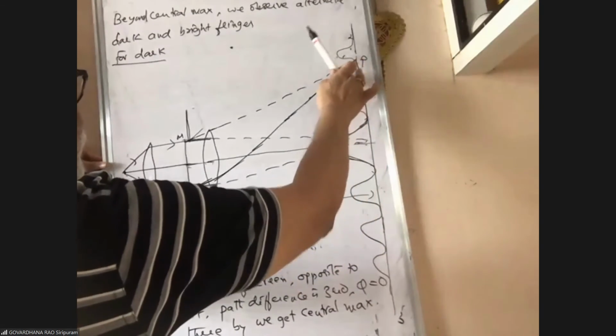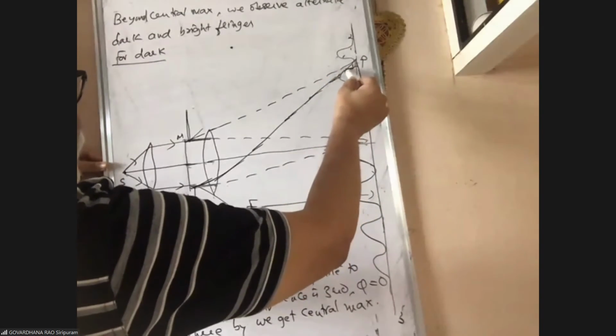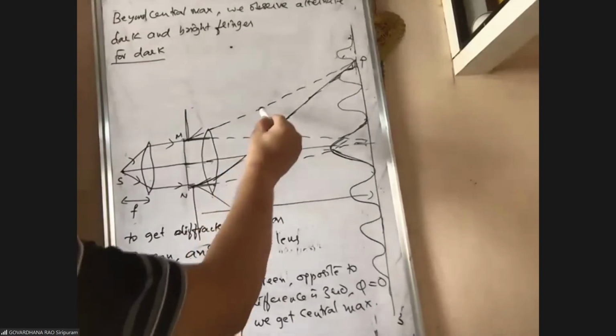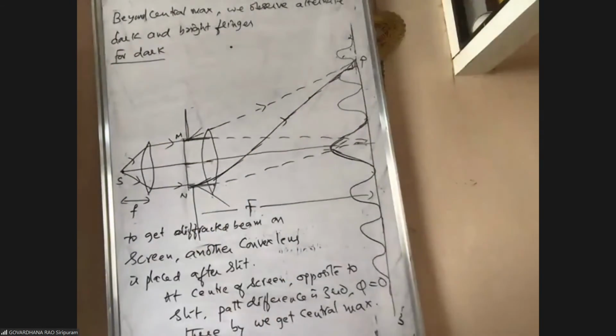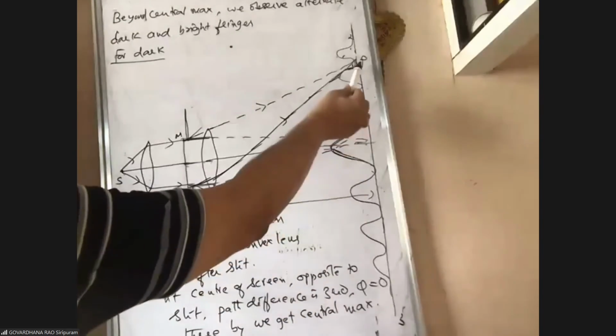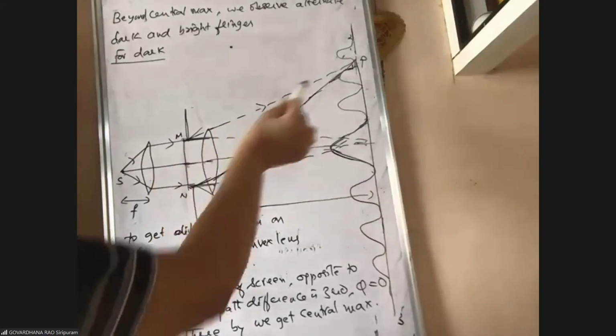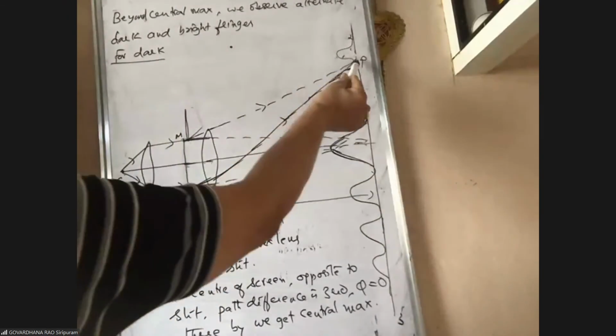Now what is the path difference for the dark at this point?